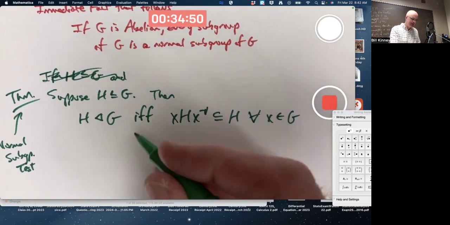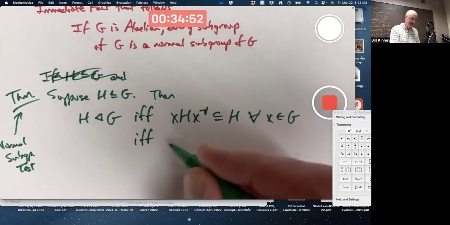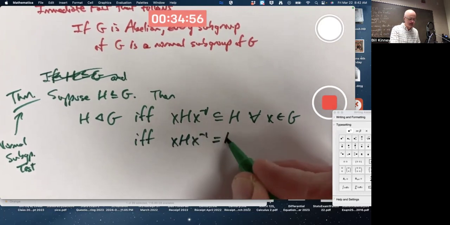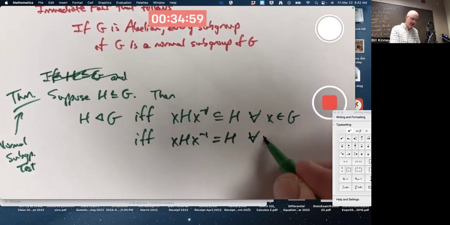This if and only if can actually be continued to say xHx inverse actually equals H for all x in G.